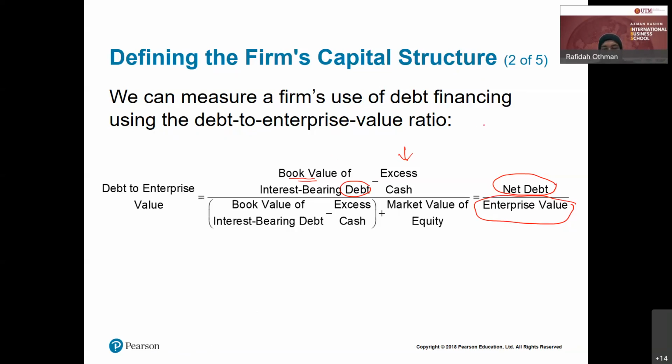Did you notice that the enterprise value consists of the net debt plus the market value of the equity? So we are talking about market value, meaning information on the market price of the stock.